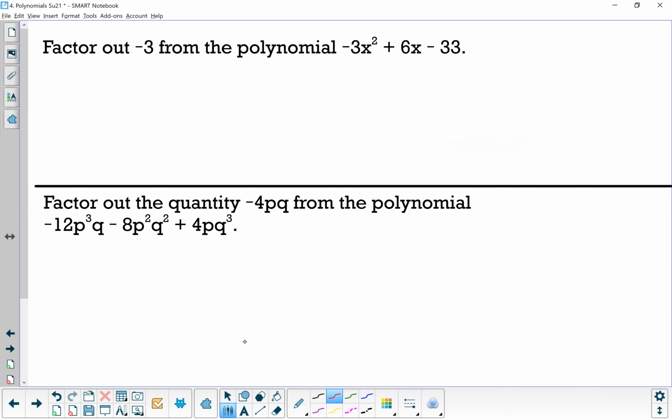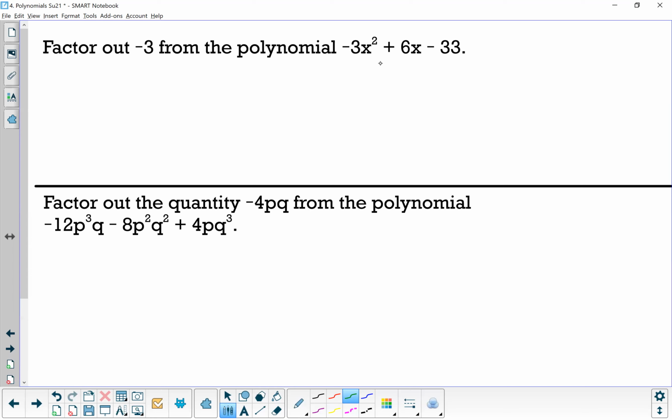So you see here, we're asked to factor out -3 from the polynomial -3x squared plus 6x minus 33. Notice how the leading term has a negative coefficient. That's oftentimes a big indication as to whether you should consider factoring out a GCF that has a negative coefficient. So here we're told to factor out a -3.